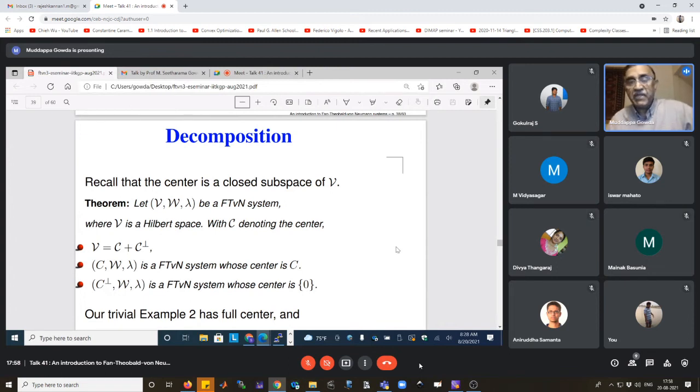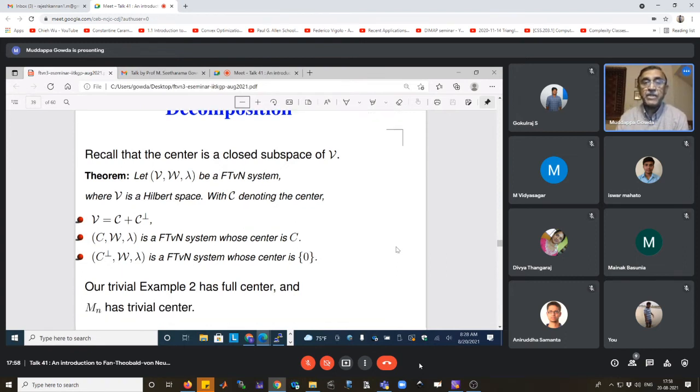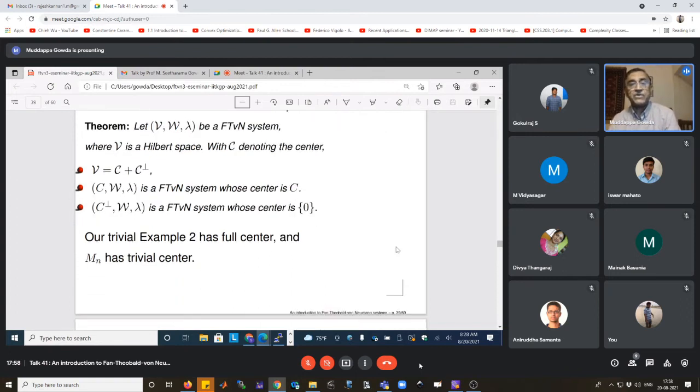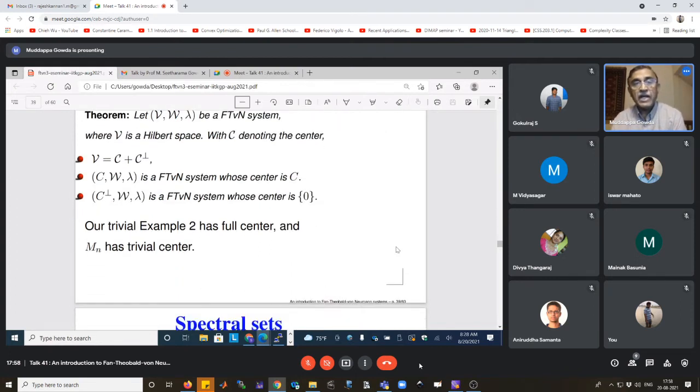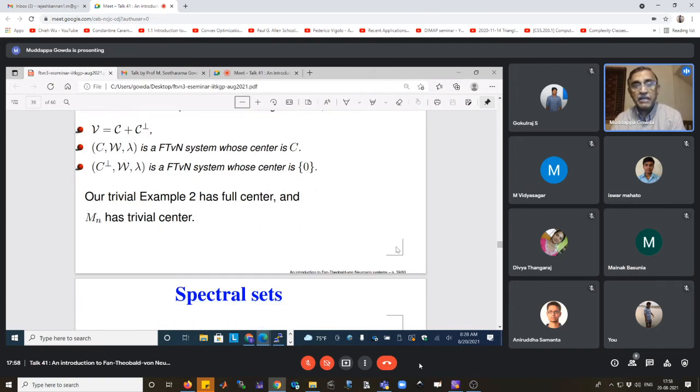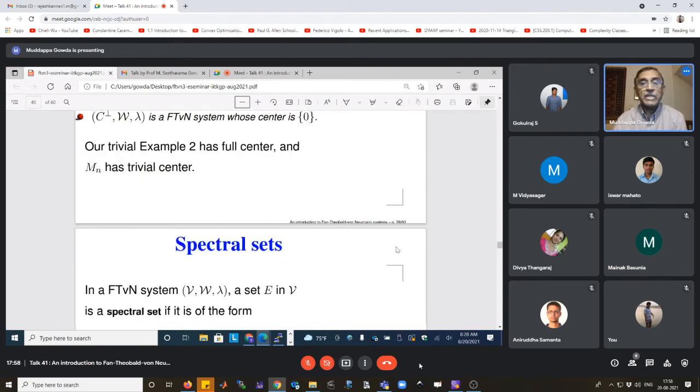So any FTVN system, as long as V is a Hilbert space, it could be finite dimensional, can always be decomposed into two FTVN systems where one has the full center, another has the trivial center. This is a very interesting decomposition result. Our trivial example 2 has full center and M sub n, as described earlier, has trivial center.